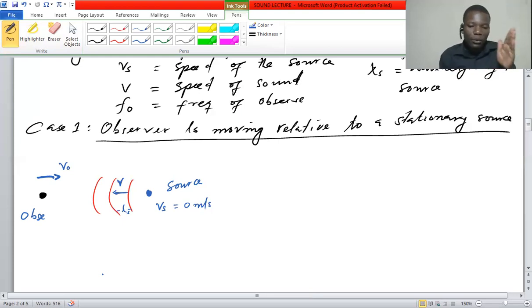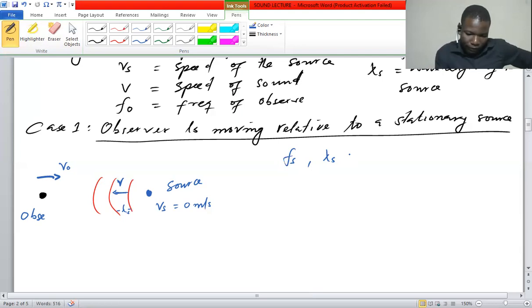From one wavefront to another wavefront we have that distance, and that distance between these two wavefronts is the wavelength of the source. Okay, so we take the frequency of the source to be fs, and then we also take this as the wavelength of the source.